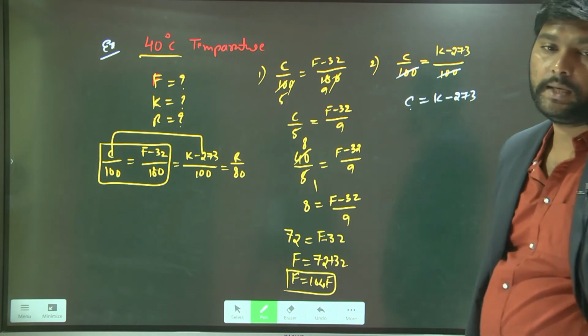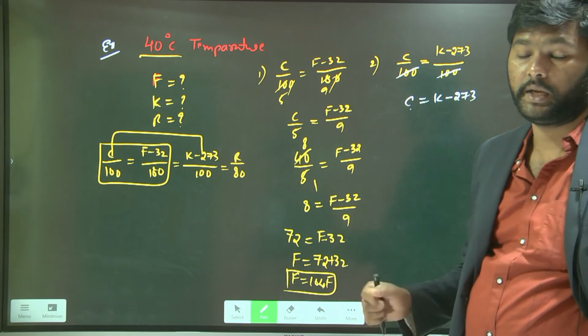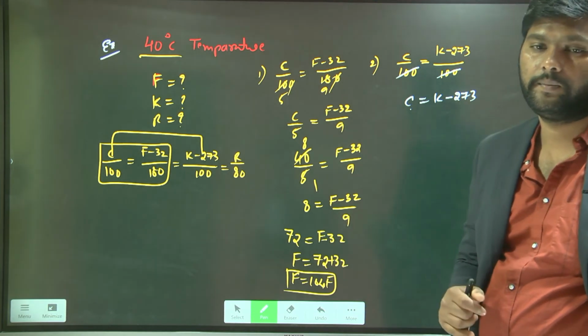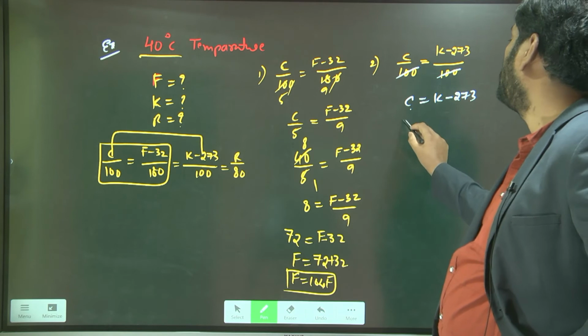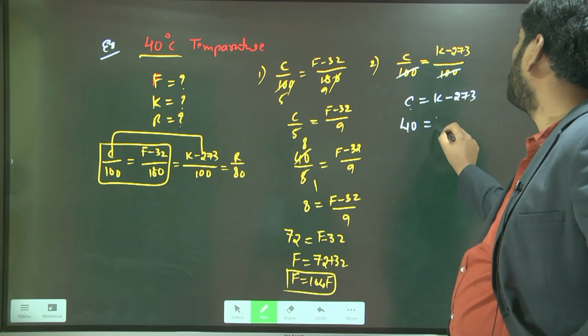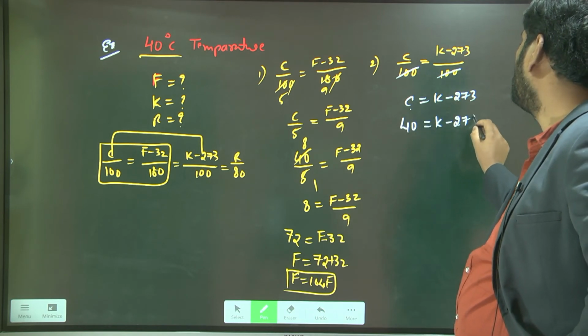The temperature reading in the Celsius scale is 40 degrees, so 40 is equal to K minus 273.